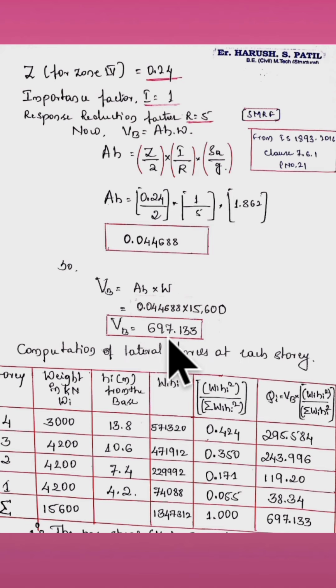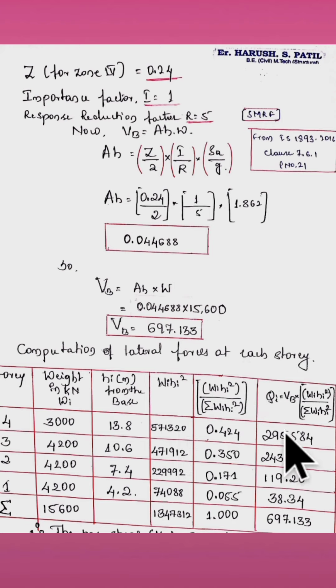By multiplying these two you will get the base shear, that is 697.133 kilonewton. I have written the units directly here. You need not forget to write units here. This is kilonewton.